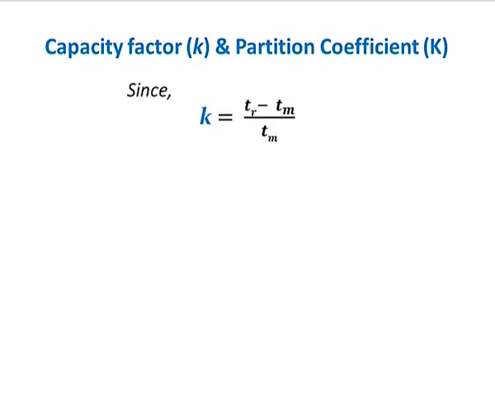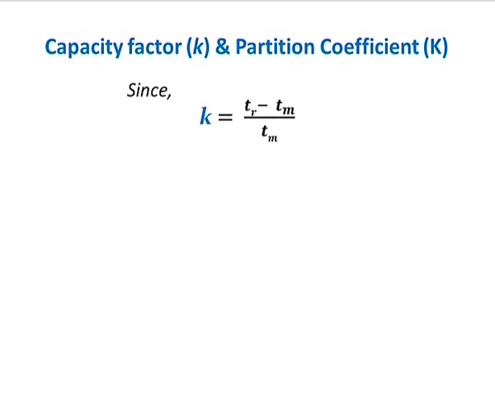Now, this should not confuse you, as I am talking about partition coefficient and denoting it with capital K here. In the last lecture, we discussed capacity factor, which was denoted by small k. So, it becomes important for us to realize whether these two are related in some way, and how they are different.